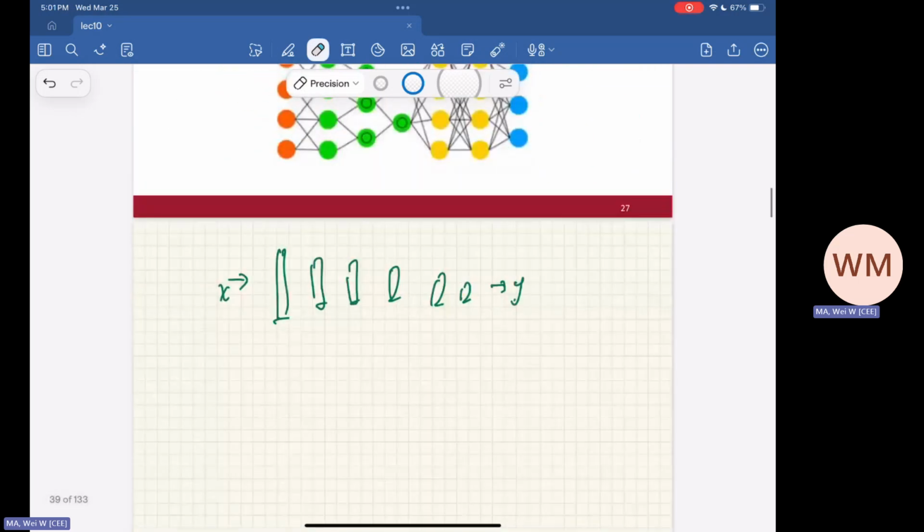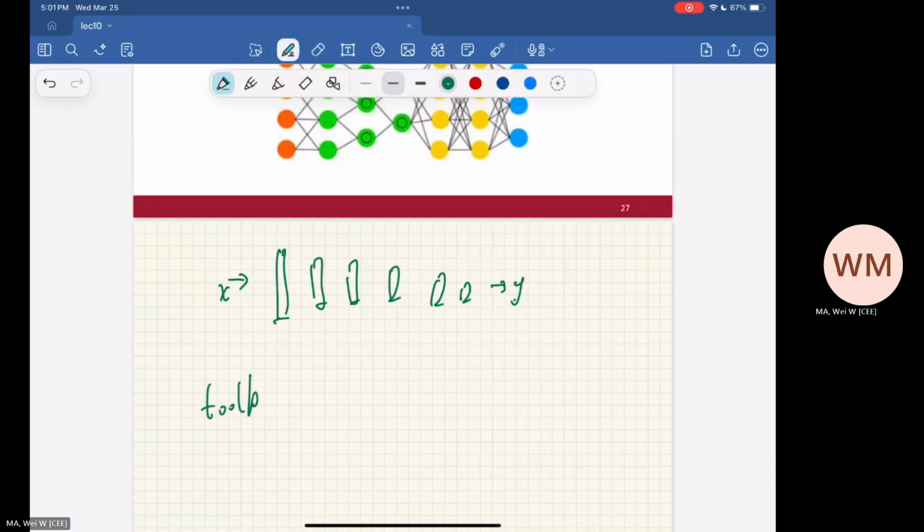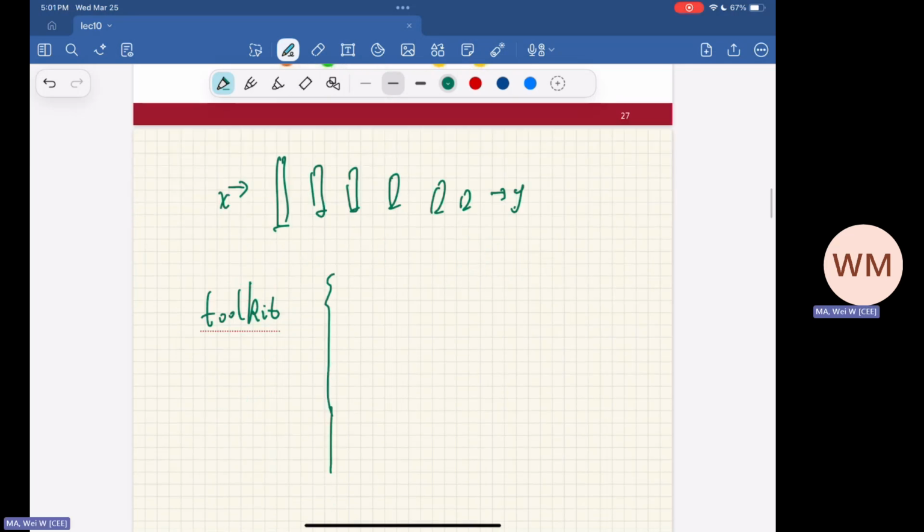So essentially, nowadays we have a toolkit. There is a bunch of layers that have been tested for years, and these layers are good and useful. If you ask me why these layers are useful, they have some explanations, but those explanations are just explanations.